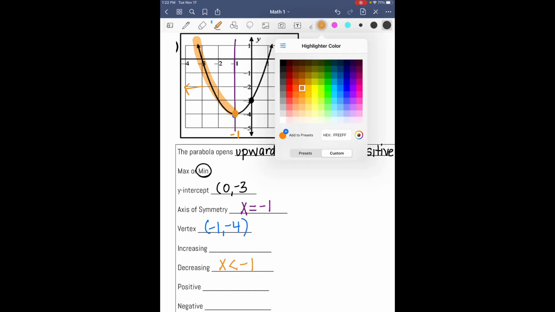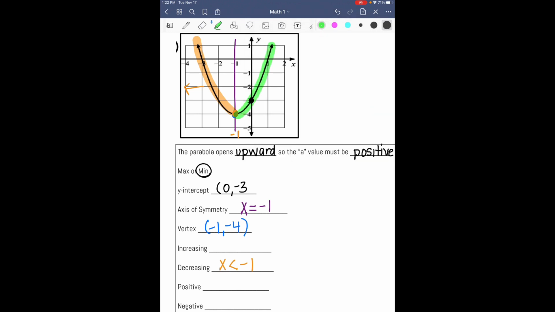And then we begin increasing again on the right side, so it's increasing when x is greater than -1. That axis of symmetry really is the split between increasing and decreasing, that x value for the axis of symmetry.